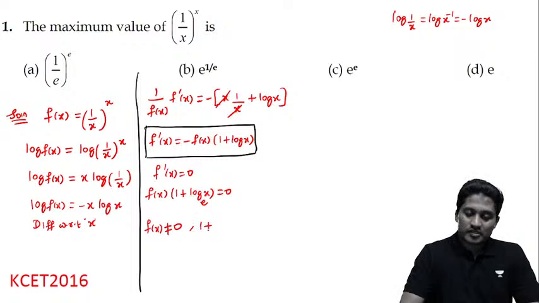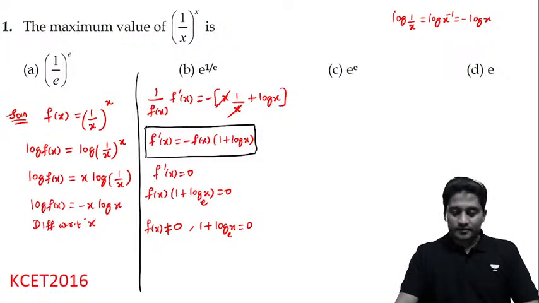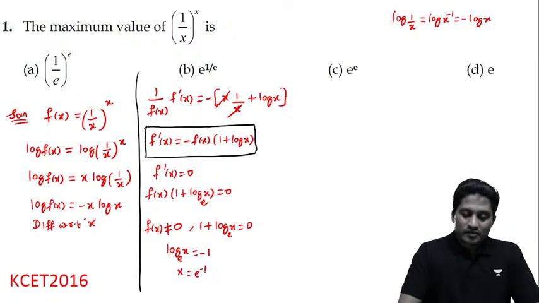Left out is 1 plus log x to the base e is equal to 0. From this I can write log x to the base e is equal to minus 1. x is equal to e to the power minus 1, that is equal to 1 upon e.